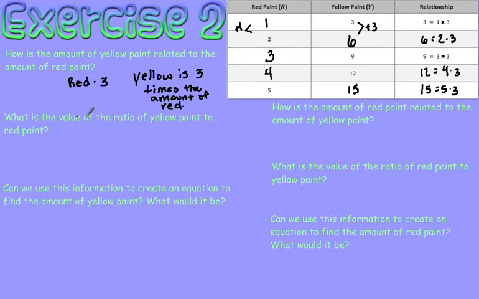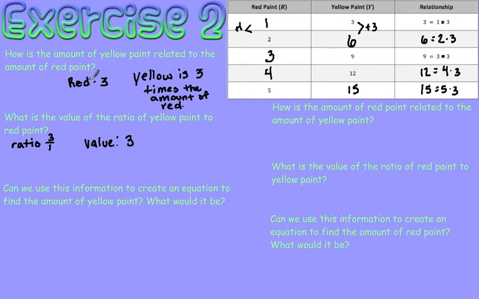So let's look at what's the value of the ratio of yellow paint to red paint. Well, the ratio of red paint to yellow paint is 3 to 1. So I know that the value of that is 3 because 3 over 1 as a fraction means 3.